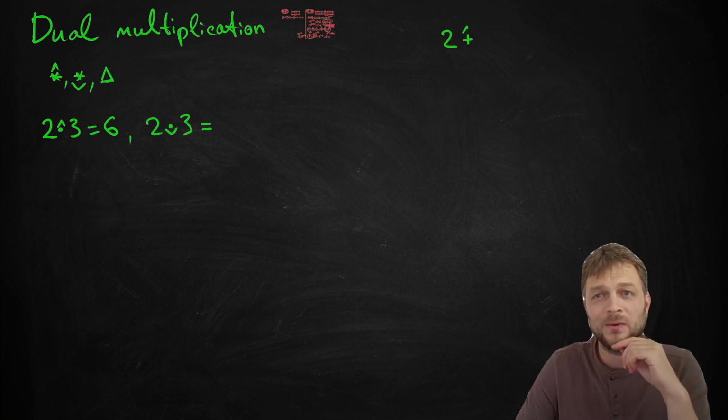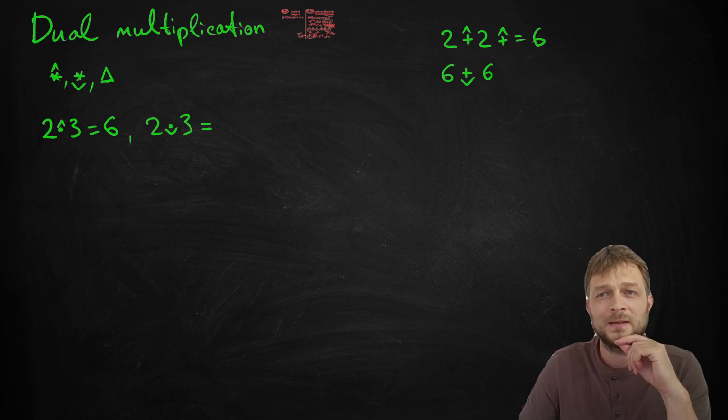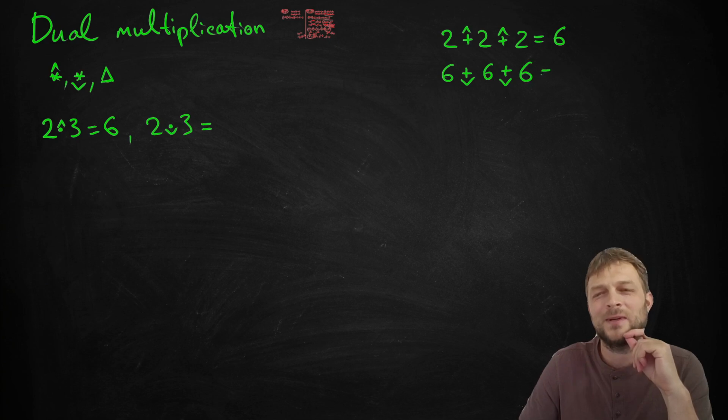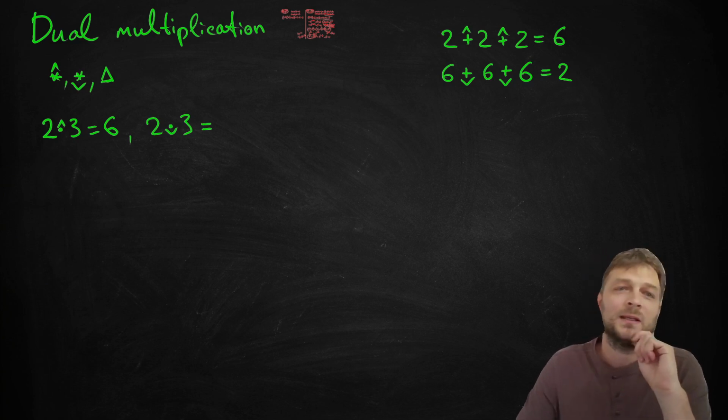We know that 2 plus 2 plus 2 is equal to 6, but if we add 6 three times in the dual sense, we get back to 2. And we will use this principle in our case.